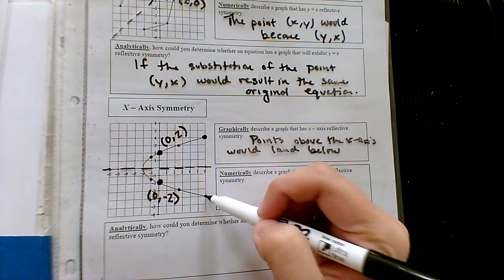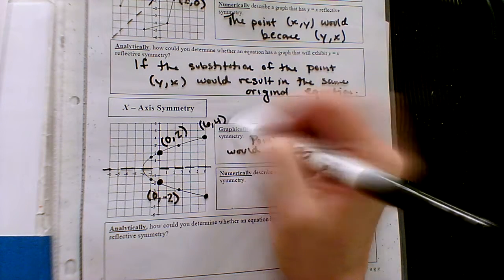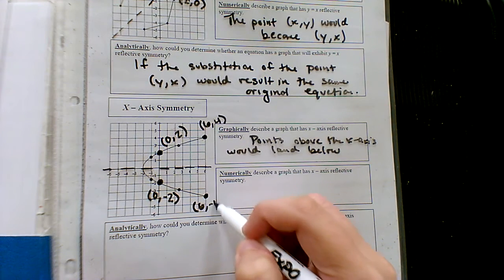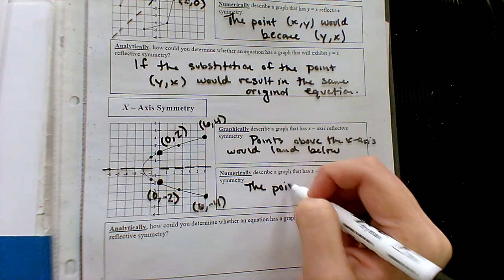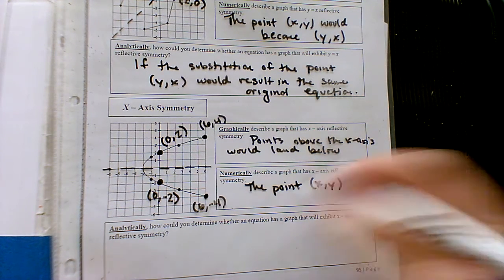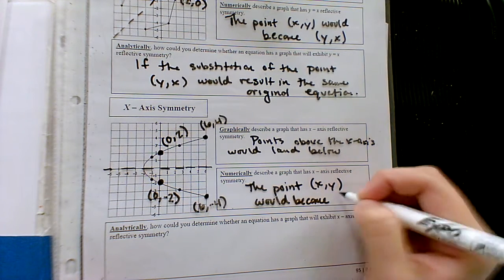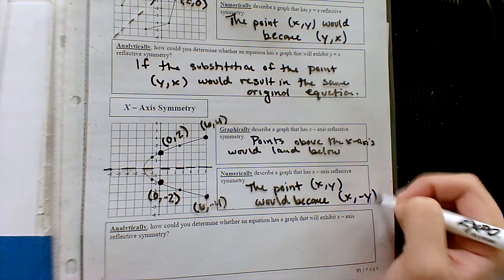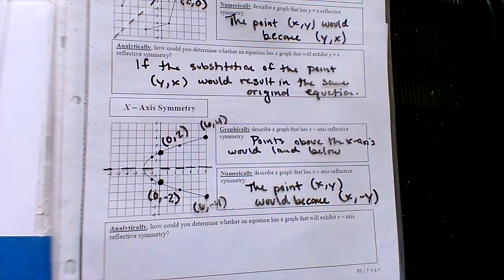Looking at another, we'd have 6, 4, fold it over, 6, negative 4. So it looks like the point x, y, whatever point you start with, would become x, negative y. The x stays the same, but notice how the y switches.